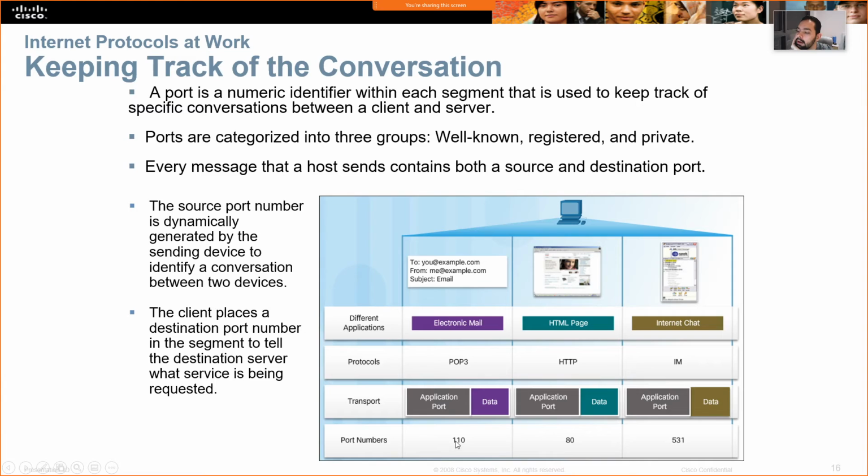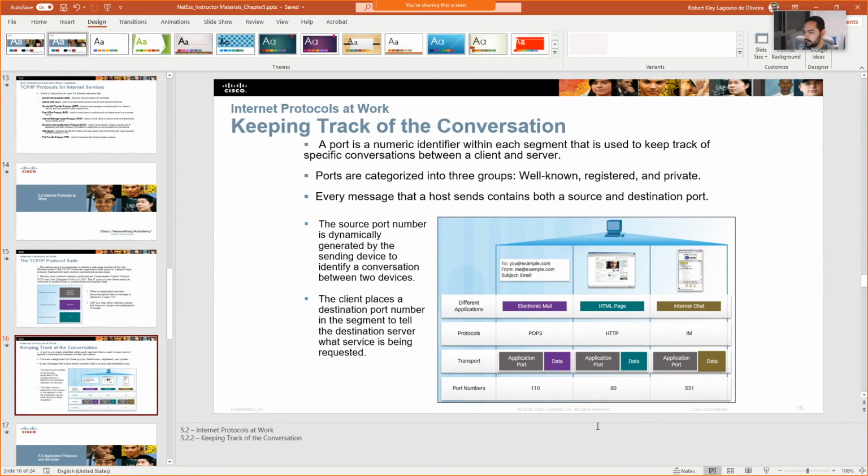The port number is within the transport layer protocol. Is that clear? Does that make sense to you guys? Yes, thank you. Perfect. So this is how the computer differentiates what type of data coming from the internet belongs to certain applications or to other types of applications. Awesome.